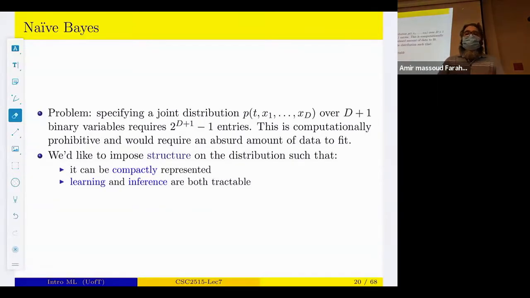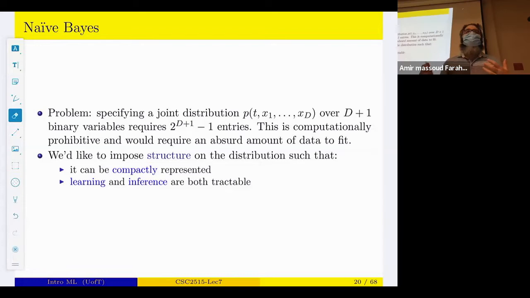So even learning a distribution over binary variables can be very complex. What we usually do is to define some kind of structure on the distribution that we want to work with. That structure makes the number of parameters that we require to represent the probability distribution much smaller.